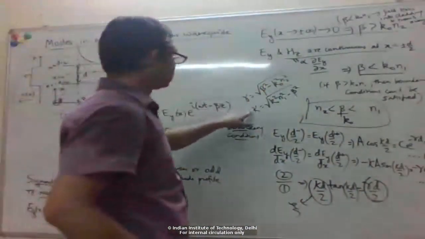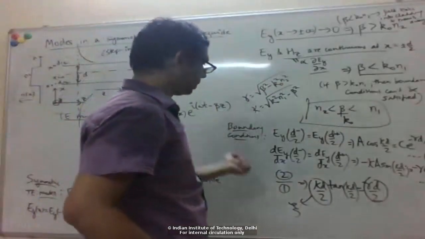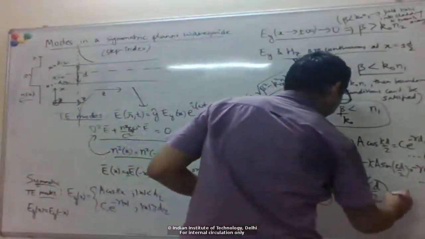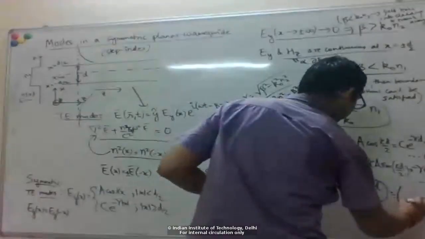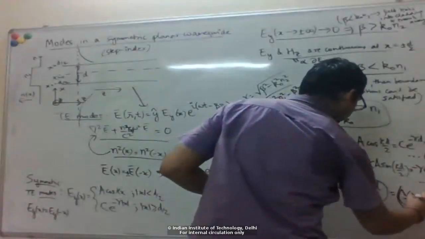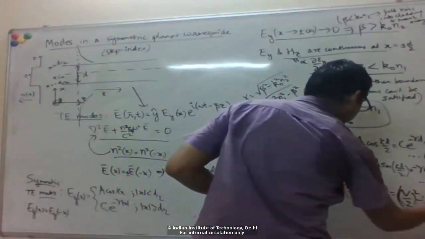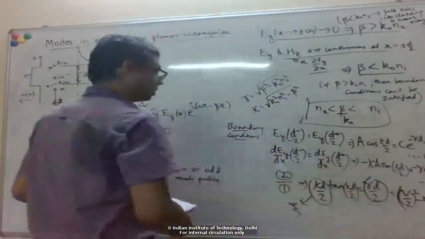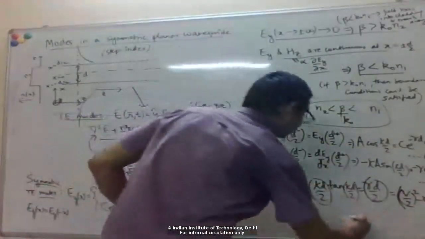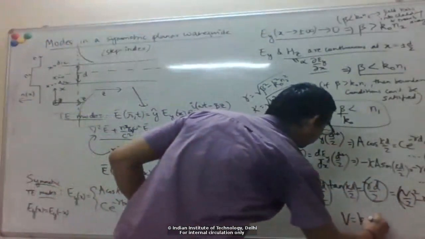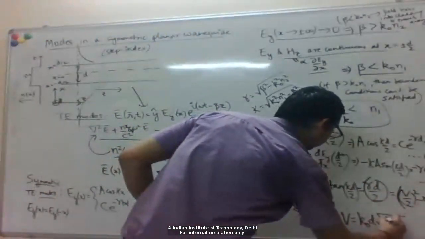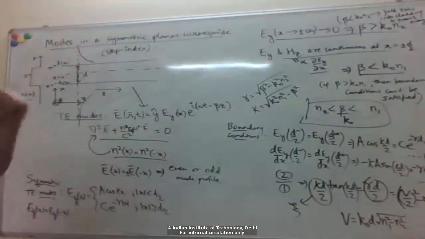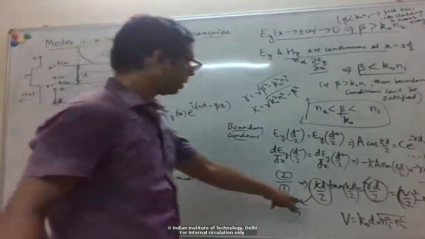Right, so if you do kappa square plus gamma square, this constant on the right hand side we will write as this constant V, where V is k naught d times the square root of n1 square minus n2 square.